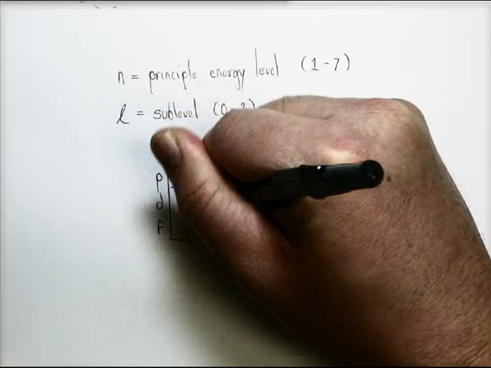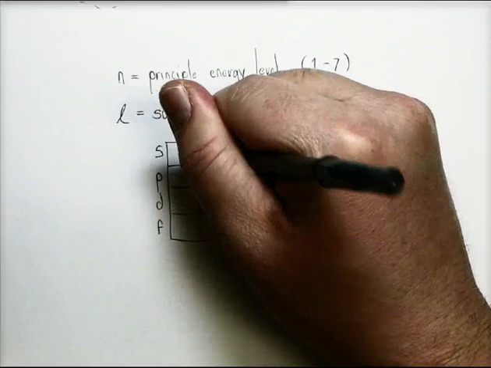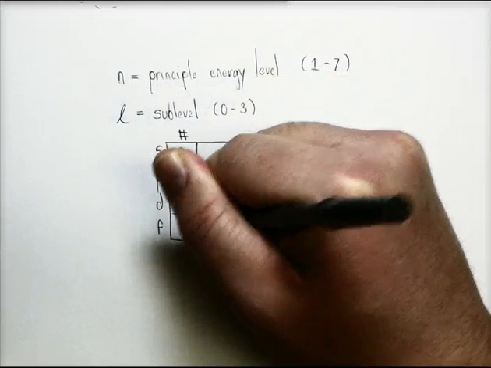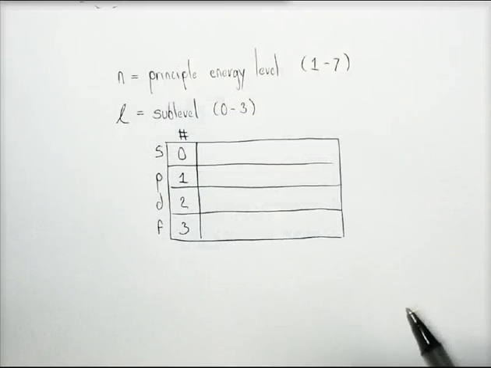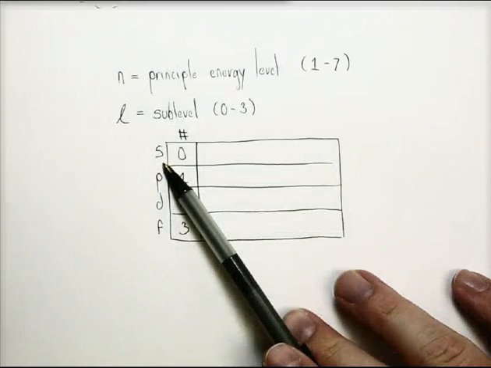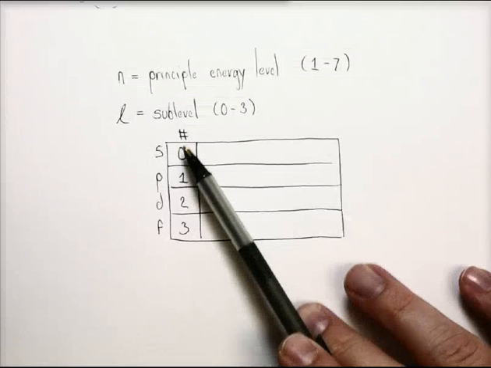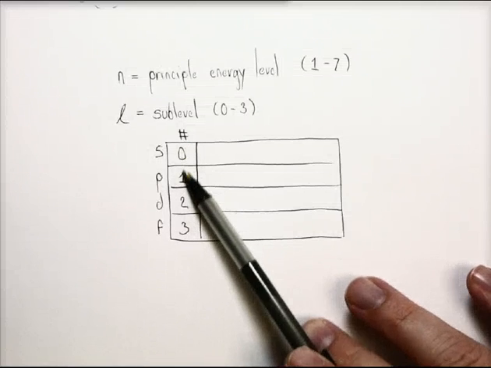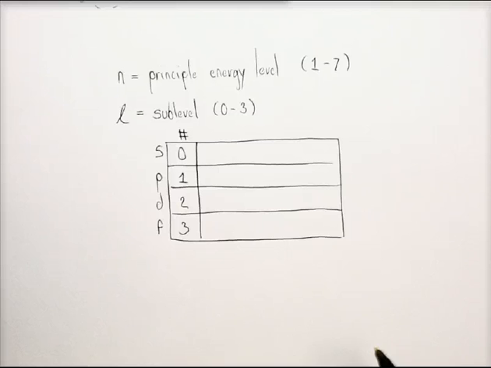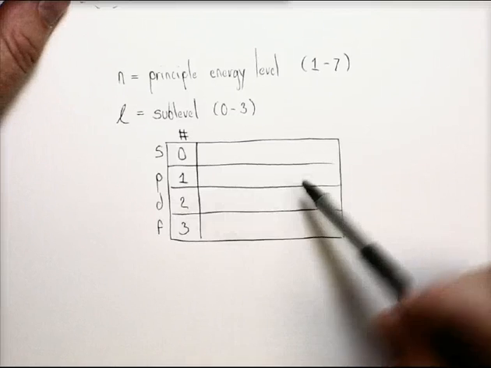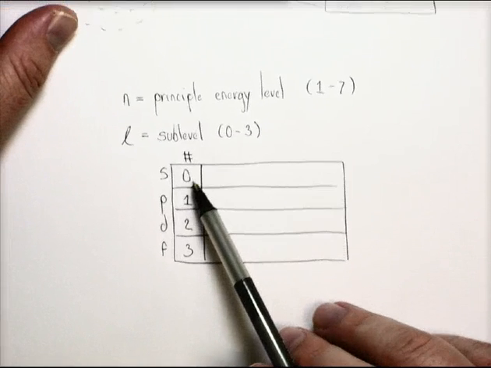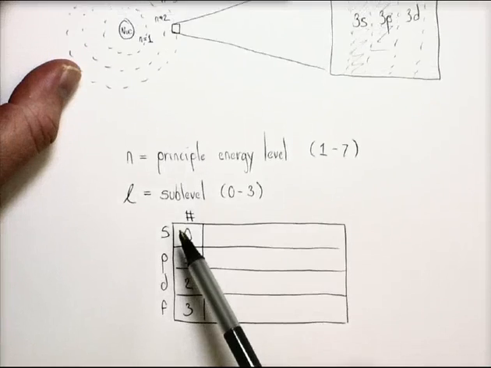The numbers for S, P, D, and F are 0, 1, 2, and 3 respectively. So S is the lowest energy one, and it gets the lowest number.